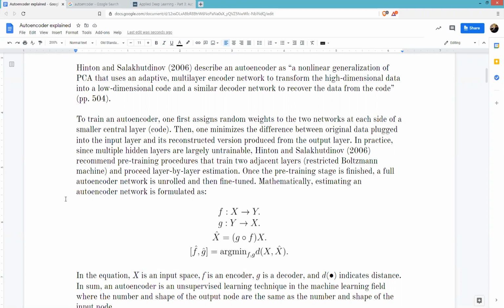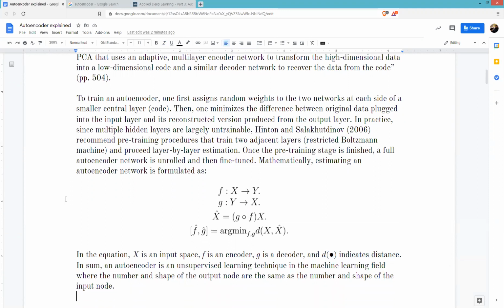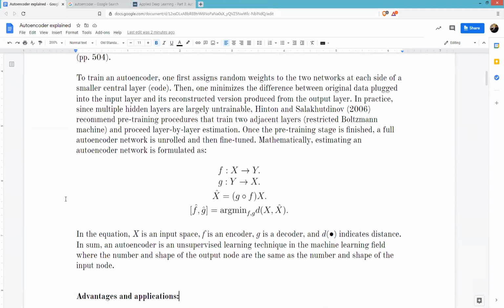And here G, which is a function from space Y to space X, is a decoder. And here we have a D function. D indicates a distance. In sum, therefore, an autoencoder is an unsupervised learning technique in the machine learning field where the number and shape of the output nodes are the same as the number and shape of the input nodes.